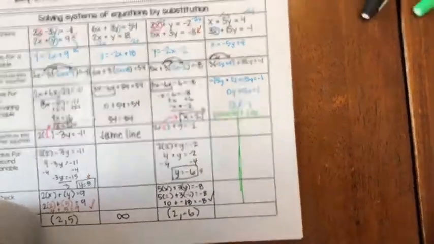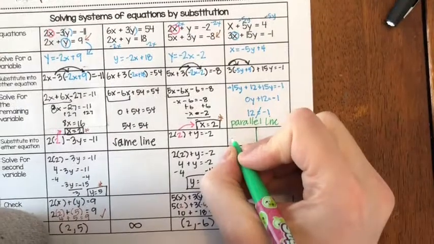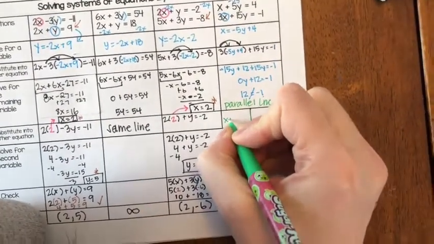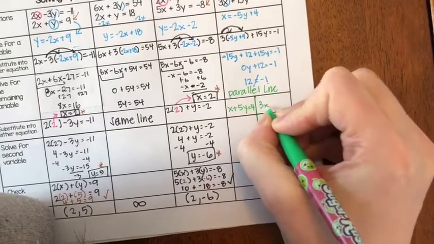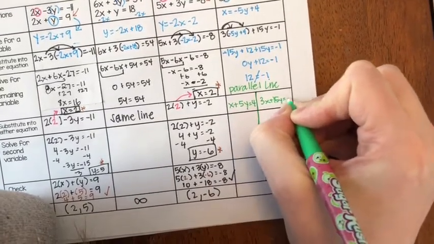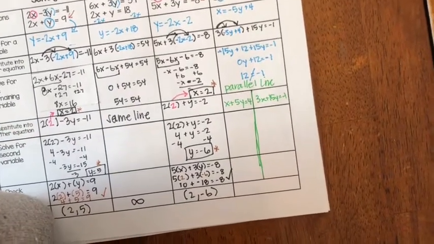If they have the same slope, there's not a solution. They'll never meet. So this first one we have is x plus 5y equals 4, and then we have 3x plus 15y equals -1. I'm going to solve both for y and then check my slopes.